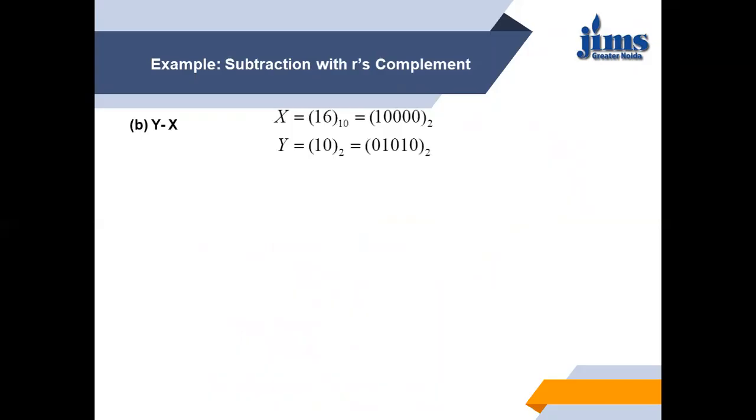Now in the next example, we have to perform y minus x. So again, x is 16, we converted it to binary. Y is 10, we have converted into binary. So here what we have to do, we have to take 1's complement of x. So the 1's complement of x is 0 1 1 1 1.